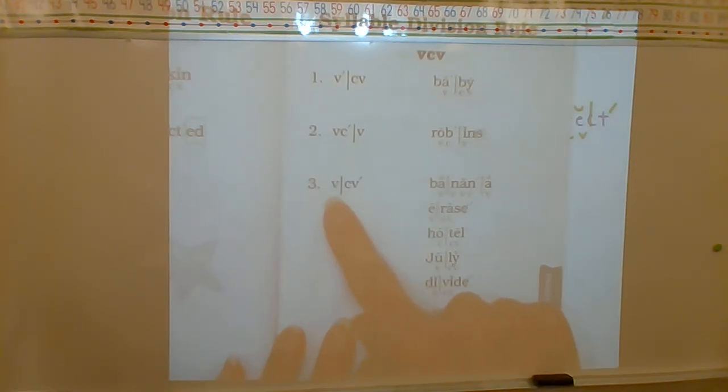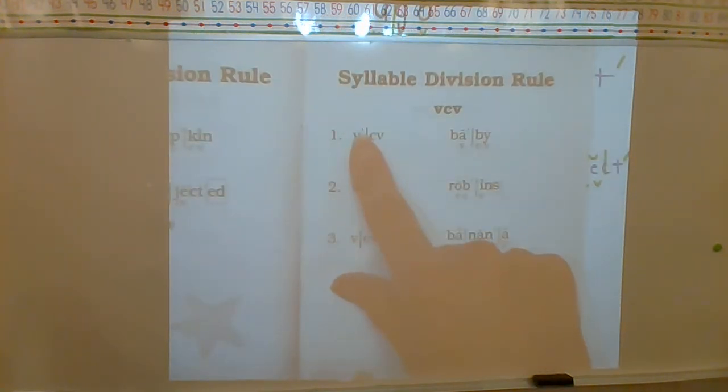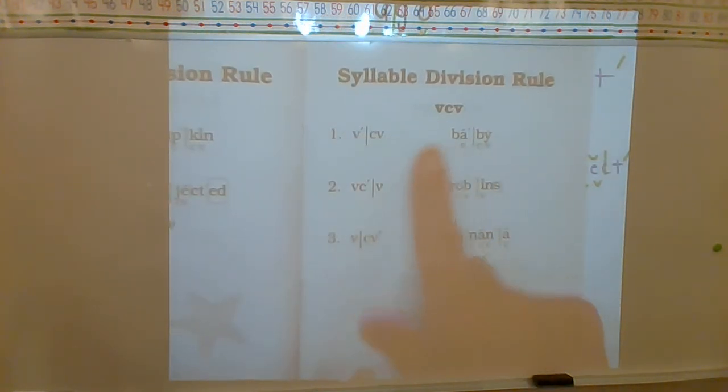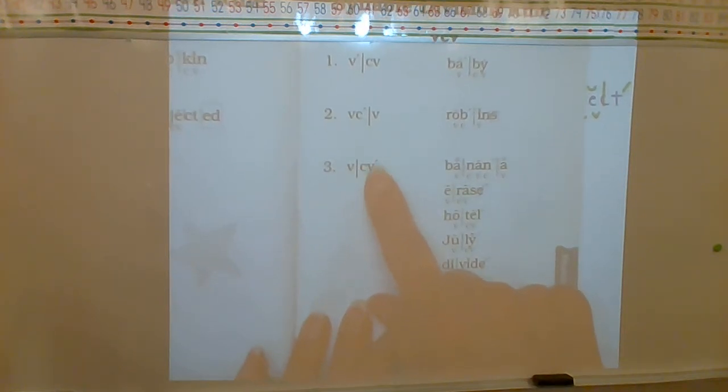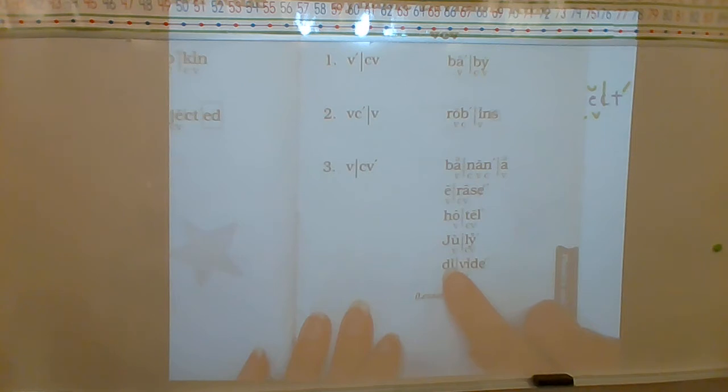Here, when he is accented on the second syllable, which is what we just practiced, mark your vowels and what's between them, divide before the consonant. Here we practiced, they make a long sound like baby. Here, when our accent's on the end, we have a schwa, E makes a long sound, O makes a long sound, U makes a long sound, I made a short sound.